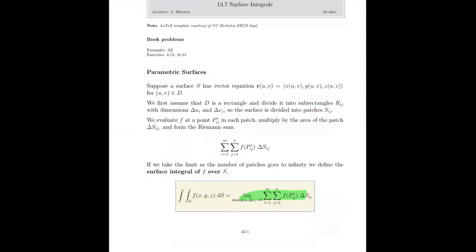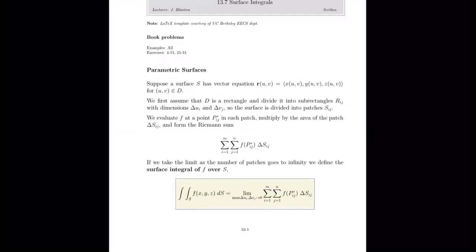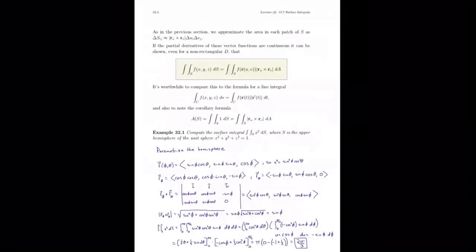So that more or less follows the sketch that we used in the last section 13.6 to establish the surface area of a given surface S. Now the only difference is this function f takes on values other than 1. So that would be the big thing to note: if f is identically equal to 1, in other words, it's 1 for all values x, y, and z, then all we'll be computing is, in fact, the area of this surface. So we'll see that in some subsequent results later on.